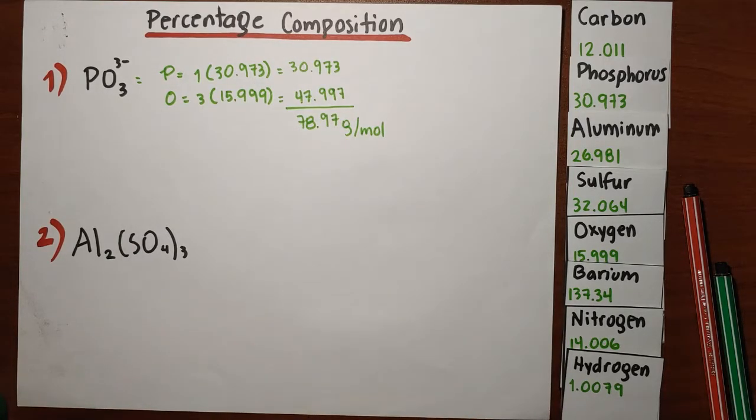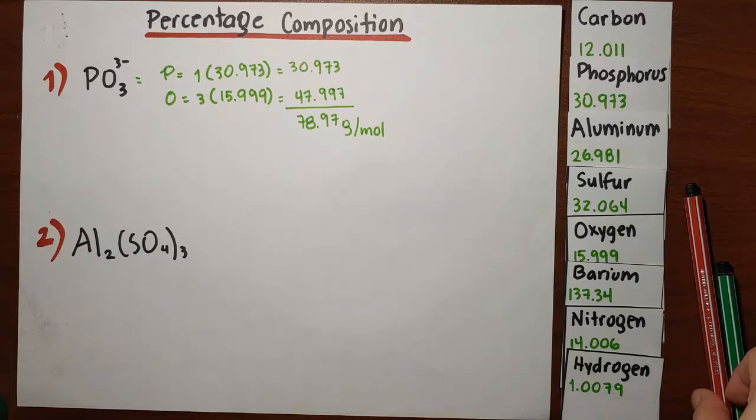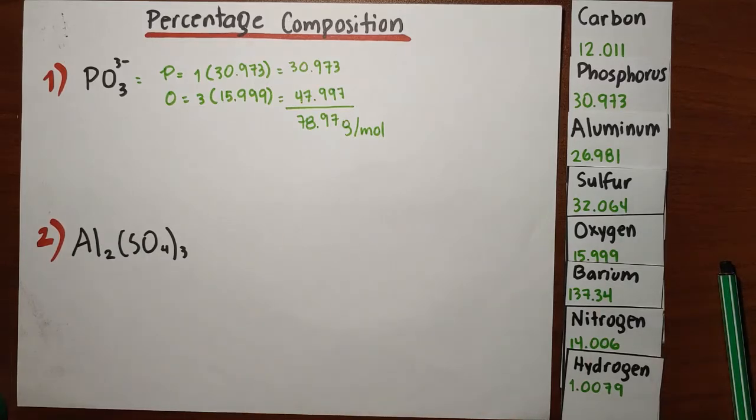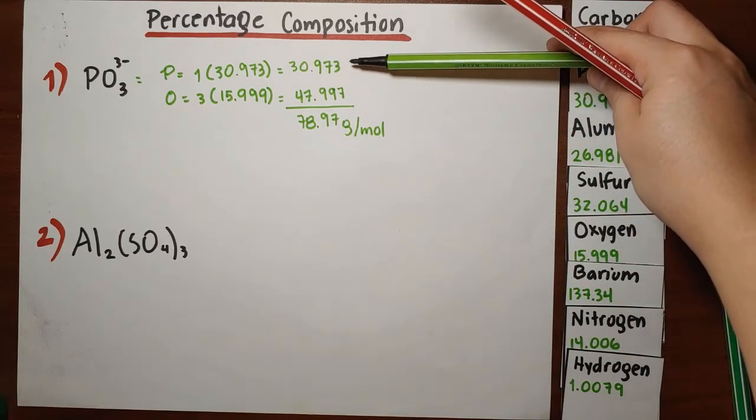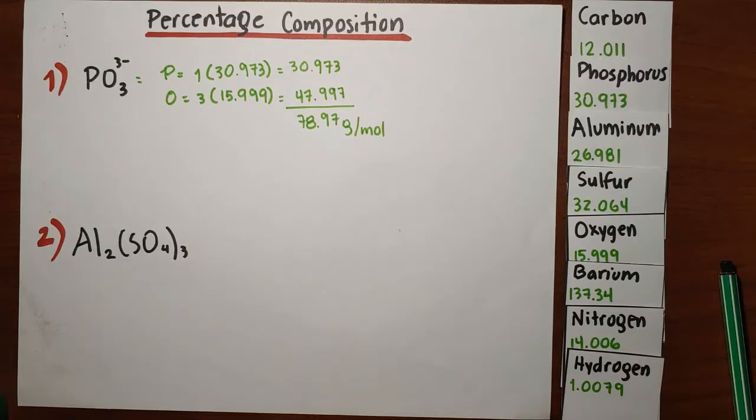It's a process that you already know, but what if I tell you I need to know the percentage composition of this? You can do it in a single step too. The idea is that you divide this amount into the total and then you multiply by 100.